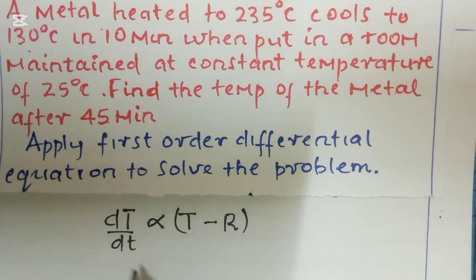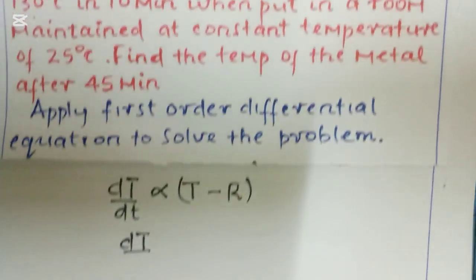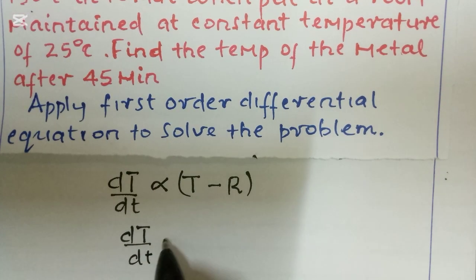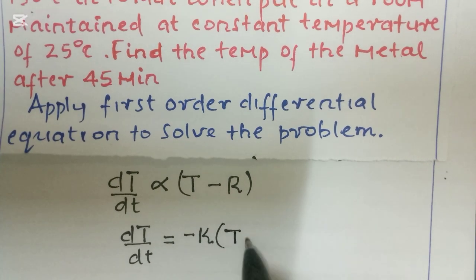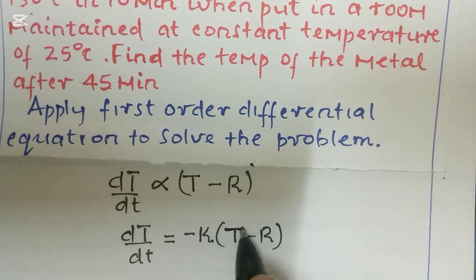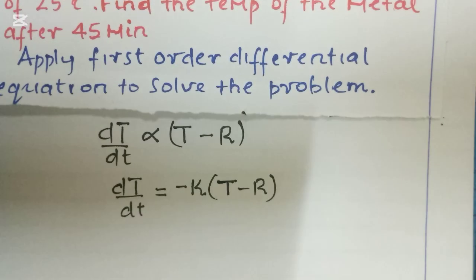The equation we use is called Newton's law of cooling, which gives us dT over dt equal to a negative constant k multiplied by T minus R. That is the equation we are going to use to solve this problem.